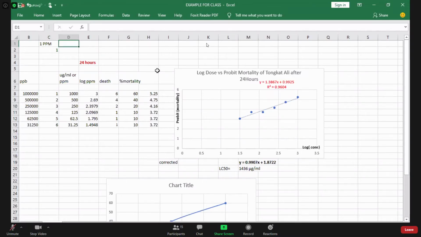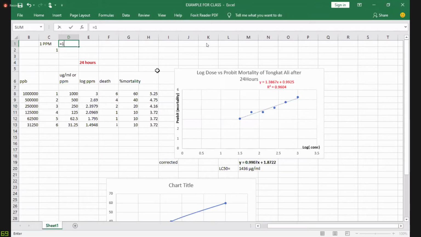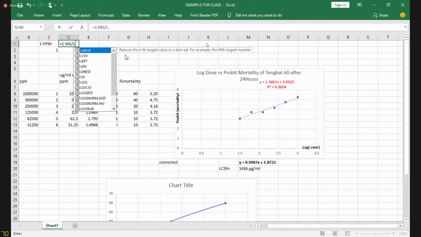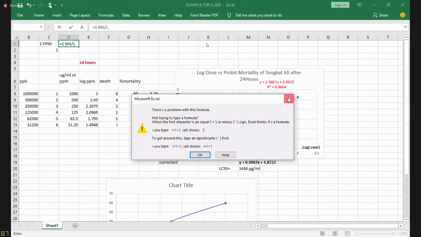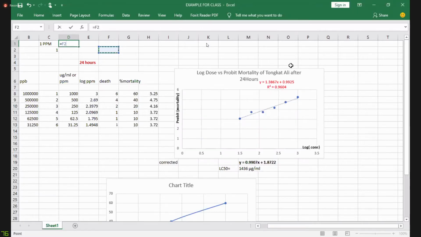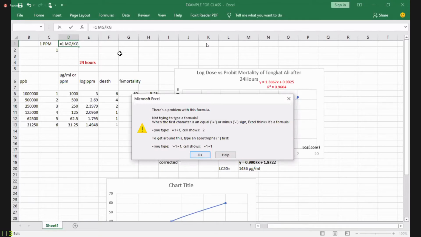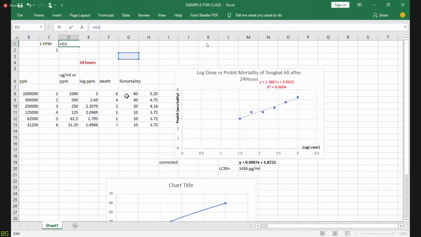1 parts per million is equivalent to 1 milligram per liter, or 1 milligram per kilogram, or 1 microgram per mil.